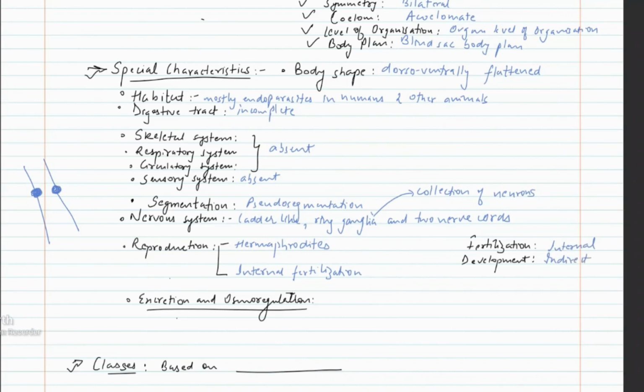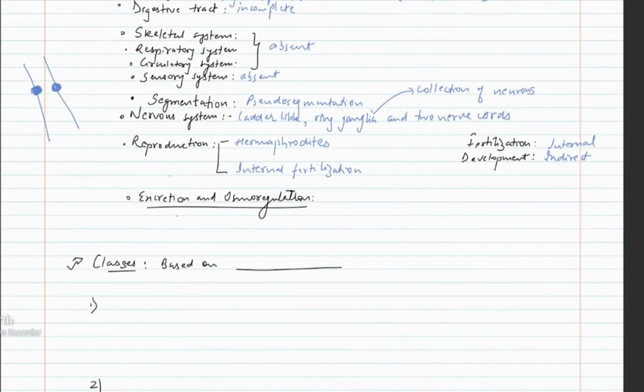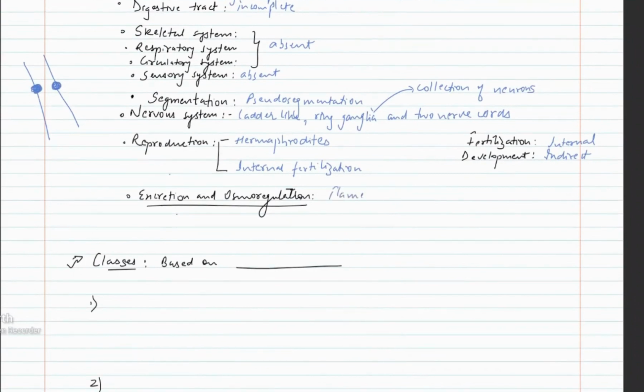For excretion and osmoregulation, a special type of cells known as flame cells, also called solenocytes or protonephridia, are present.